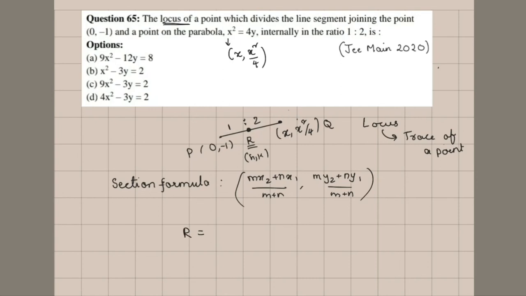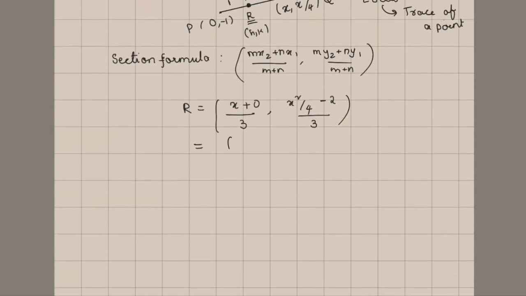So 1 into x, this is x2, plus 2 into x1, which is 0, by m plus n is 3, m into y2, which is x square by 4, plus 2 into minus 1, which is minus 2, by 3. So this is point R, which gives x by 3, x square by 12 minus 8. So this is h, k.